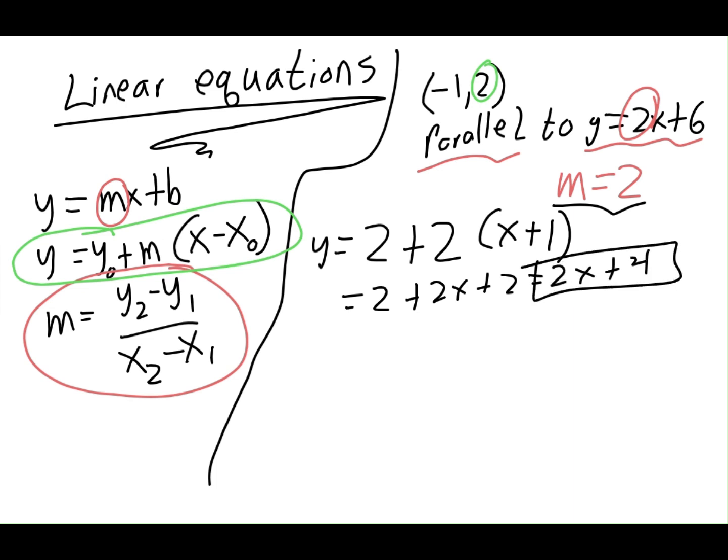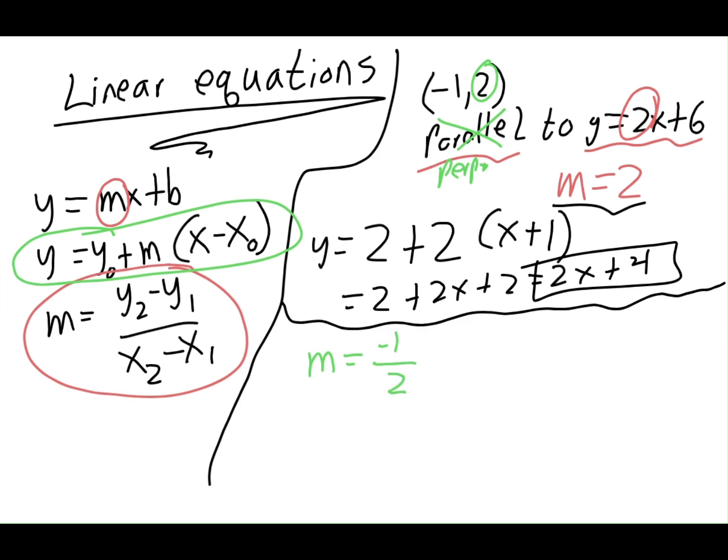That's it. So there's one more example that I do want to point out that they can do that you should know about. And that's going to be, instead of parallel, let's say it said perpendicular. I don't know how to spell it. I'll just call it perp. So find an equation of a line that's perpendicular. Well, this would be a little bit different because what we would do is do -1 over the original slope.